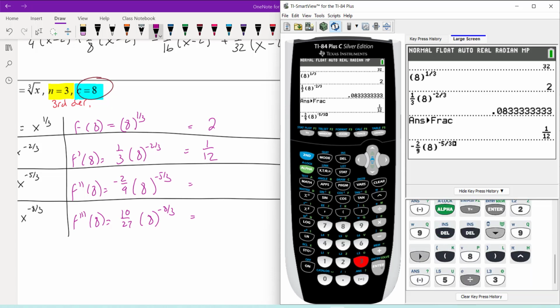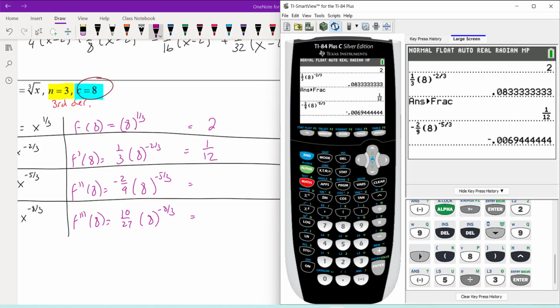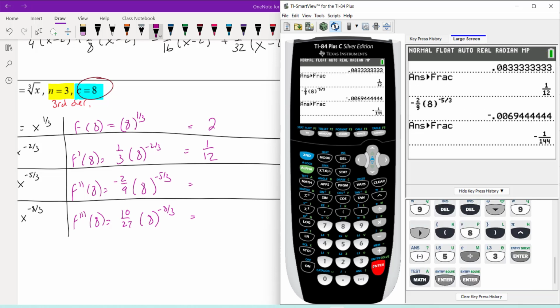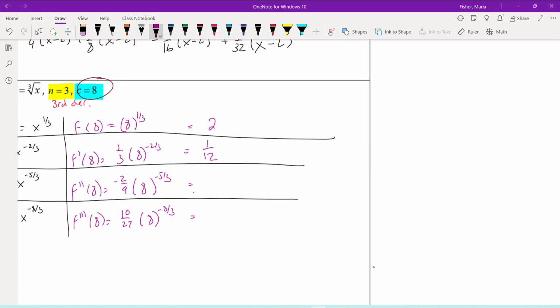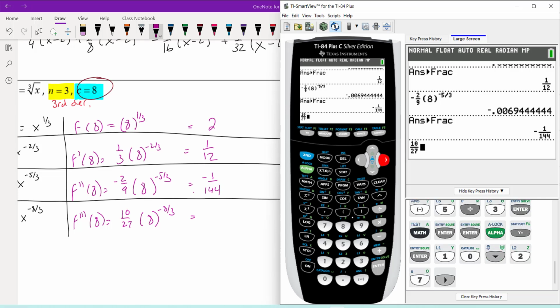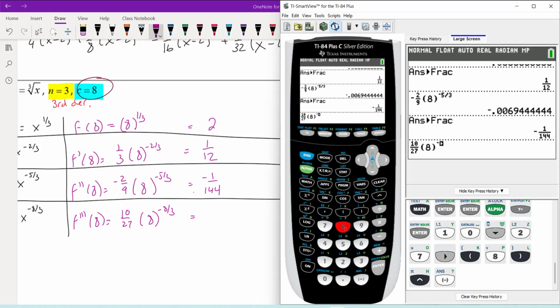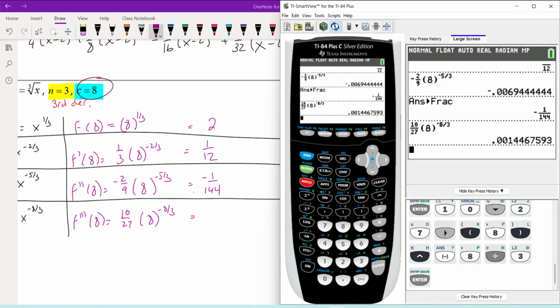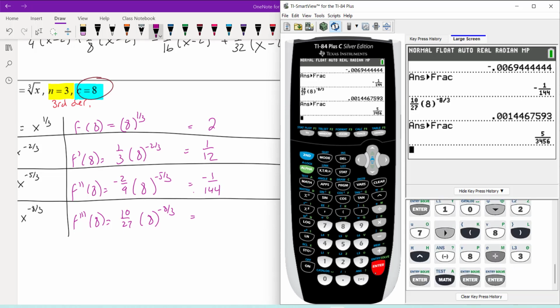Again, if you make that into a fraction, you end up with negative 1/144. And then our last one, 10/27, times 8 raised to the negative 8/3. You make that into a fraction, and you get 5/3456.